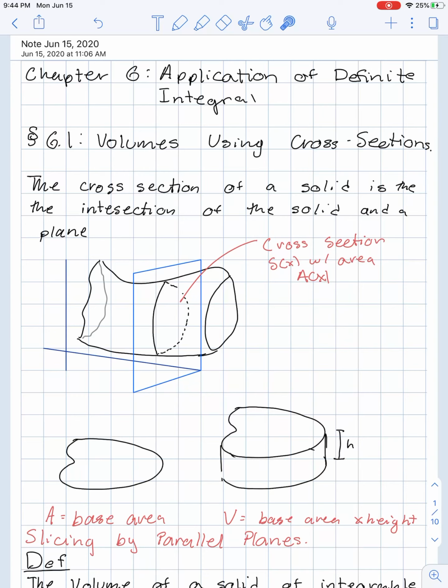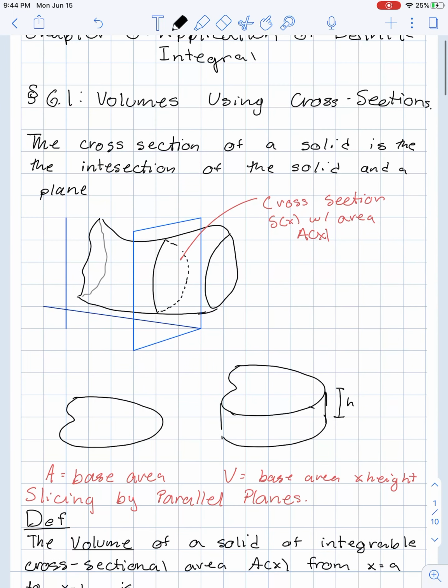All right? So another way that we can calculate volume is by finding the base area. From that cross section, I can find the area of this heart-shaped thing, and I can call that A. If I then make some height out of it, kind of like a slinky, if a cross section's like a circle and then I pull it up, I now have a cylinder.